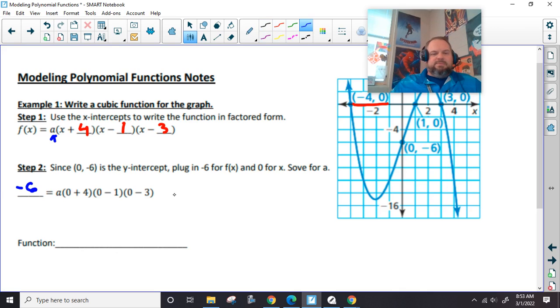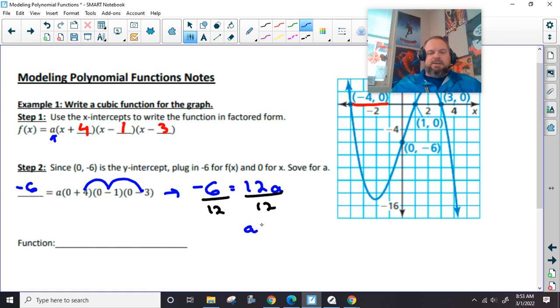So -6 equals 4 times -1 times -3, so this is 12a. We divide by 12 and we get a equals -1/2.